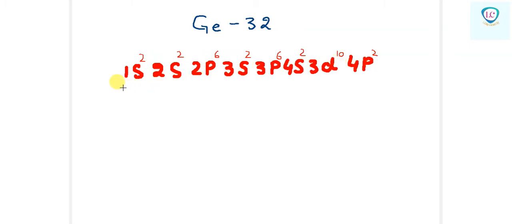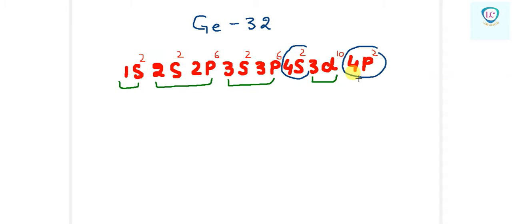From here you can see this is your first shell and it is your second shell, and in the third shell, subshells s and p are present here, and the third subshell is present here. So they are belonging to the same shell. Whereas if you look here, you can easily see that the valence shell will be 4s2, 4p2.